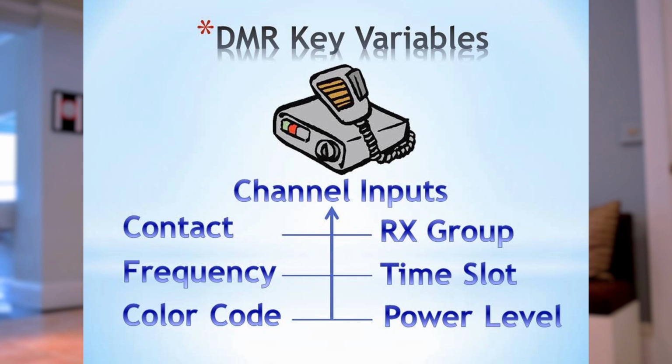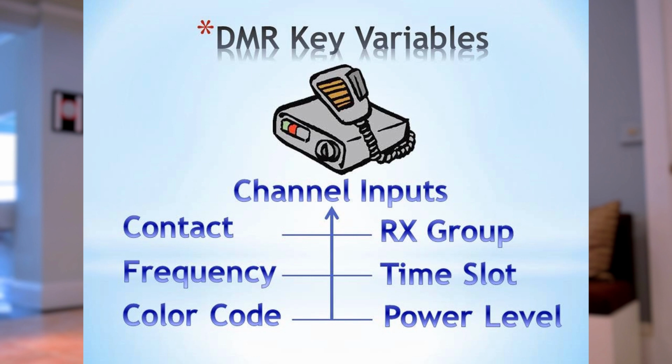The channel input will require information regarding the contact, that is the talk group or the private group DMR ID, the frequency of the repeater or of your hotspot, the color code needed to break the squelch on the repeater or the hotspot, the receiver group, that group that you're directing your channel to listen to so you can hear responses from your broadcast, the time slot 1 or 2, and the power level that you'd like your radio to use when contacting that station. Those and a couple of other items are all consolidated in the channel input.